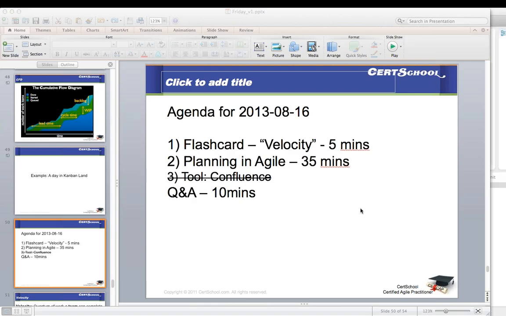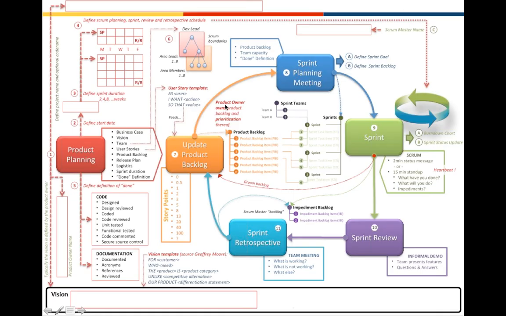I did mention when I was training on sprint planning a few webinars ago that you reserve time in every sprint to do planning for the next sprint. As per Scrum, you reserve about 8 hours in every sprint to do sprint planning for the next sprint, so your velocity should not get affected. Your velocity is kind of a sustainable pace, what you can do. If you're in sprint 1, you'll reserve time for sprint 2. When you're in sprint 2, you reserve time for sprint 3.